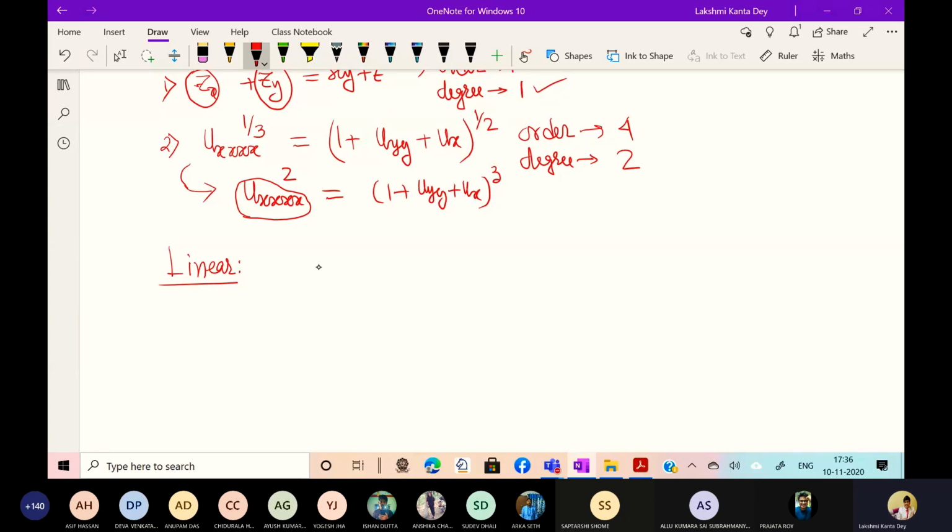So it has to be linear in the dependent variable and all its partial derivatives.